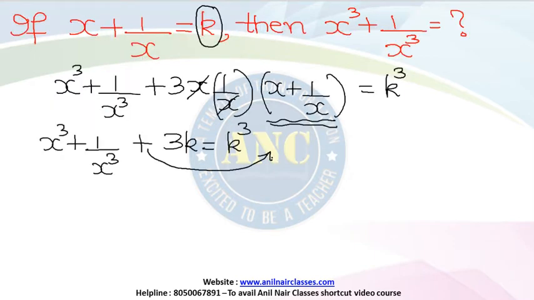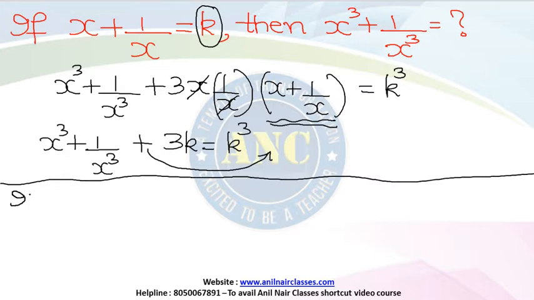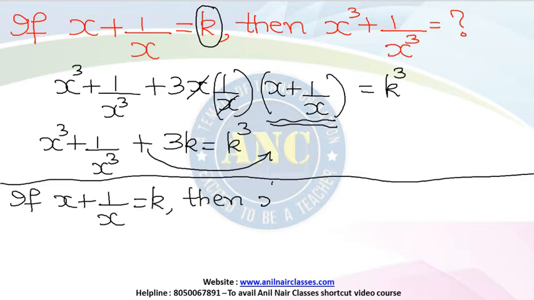Okay, before moving on to the next problem, let me conclude both the equations on this particular screen itself. So can I say that if x plus 1 by x value is equal to k, then I am interested in finding x cube plus 1 by x cube.